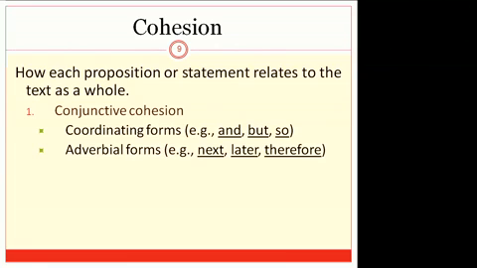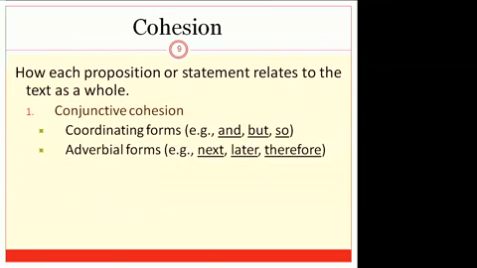Cohesion can be created by the use of conjunctive cohesion. There are two forms of conjunctive cohesion. Conjunctive cohesion is created when we use coordinating conjunctions, such as and, but, so, or. When we tie sentences together with these forms of coordinating conjunctions, it helps to create conjunctive cohesion within the narrative.